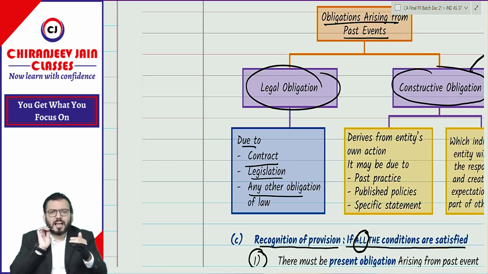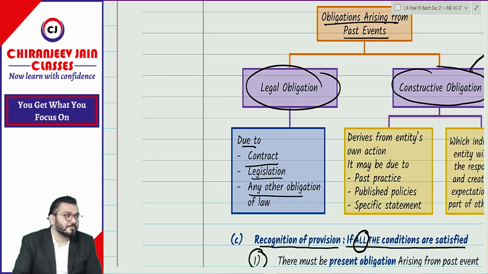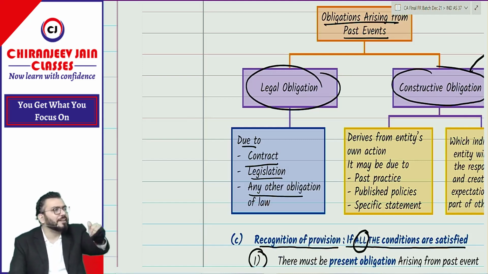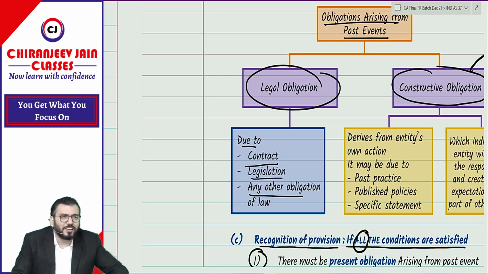Understood? But suppose I have done one contract and I have said that if you are dissatisfied, or if you do not pass in your attempt, which I will never say, I will refund the entire amount. I may do this type of contract. Many teachers say so. Now if I say, if you do not pass, I will refund the amount, can I say there is a legal obligation which may arise in future?